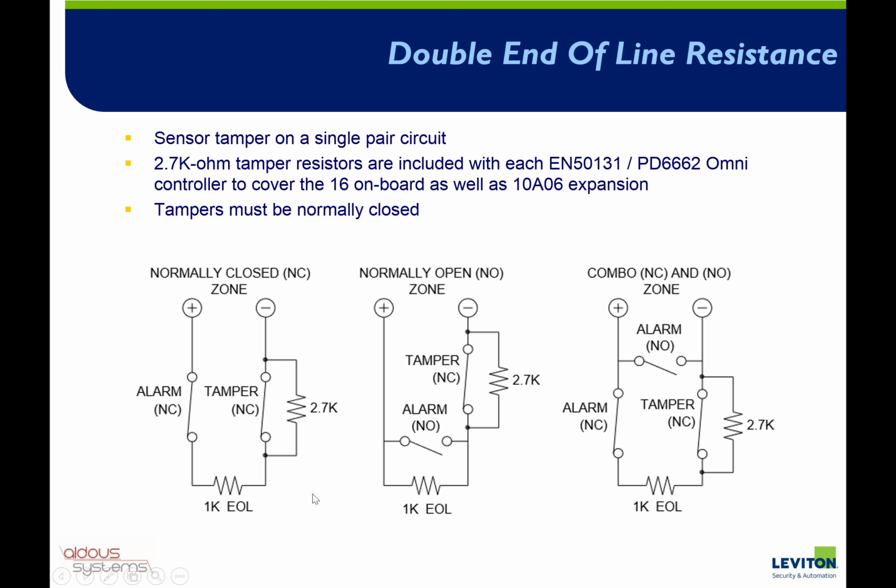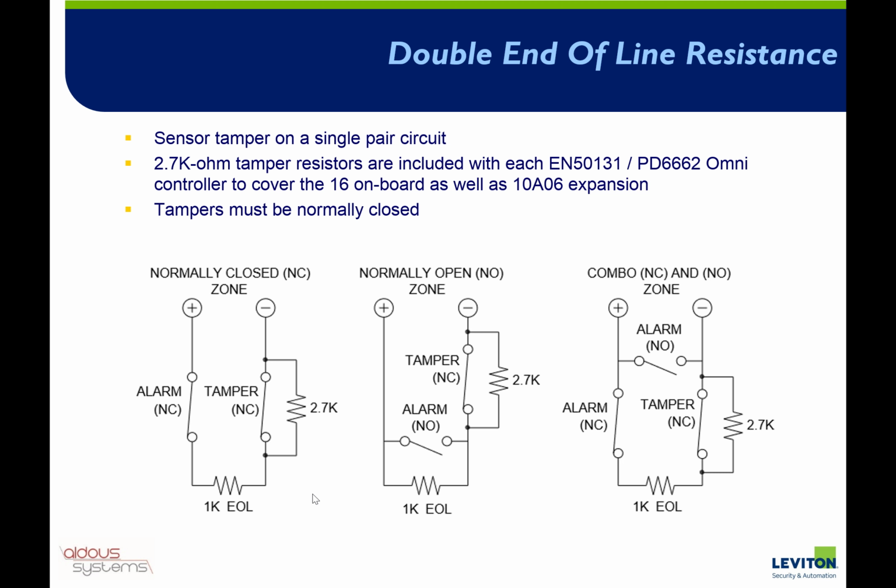But PIRs and devices also have tampers on them. So if someone unscrews it and removes the cover to inspect it and see how they can bypass it, then the cover being lifted off triggers a tamper. And there's normally a tamper as well where it's against the wall. If someone pulls a PIR off the wall, that normally triggers a tamper as well.